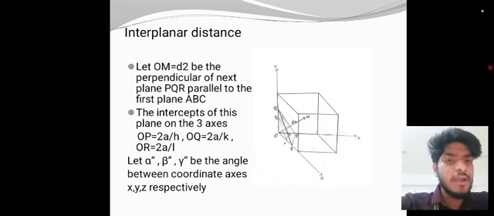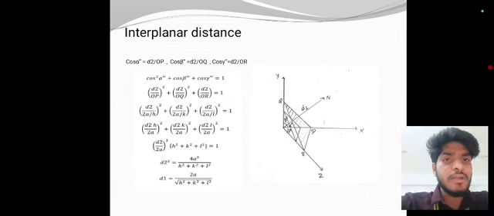Let alpha double dash, beta double dash, gamma double dash be the angles with the coordinate axes X, Y, Z respectively. Now cos alpha double dash equal to d2 by OP, cos beta double dash equal to d2 by OQ, cos gamma double dash equal to d2 by OR.